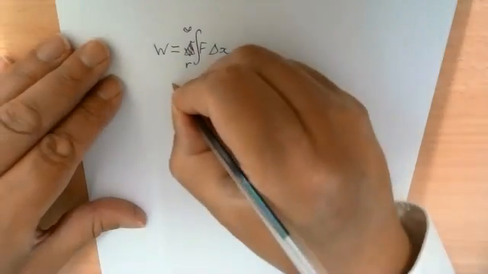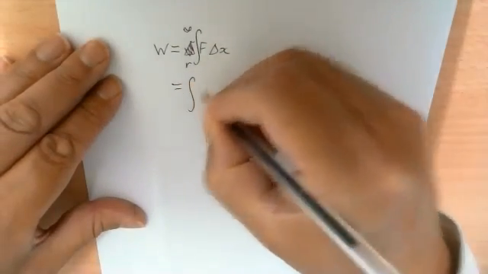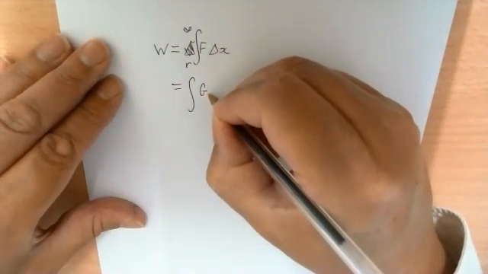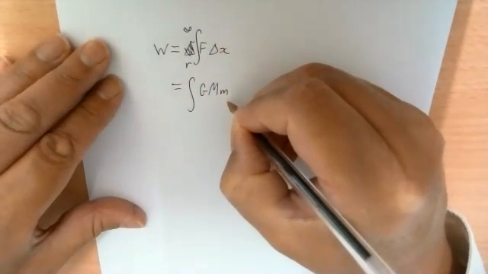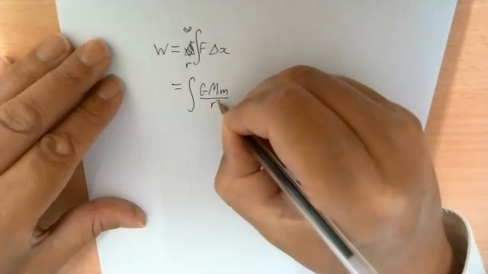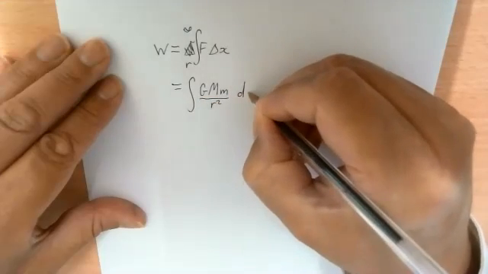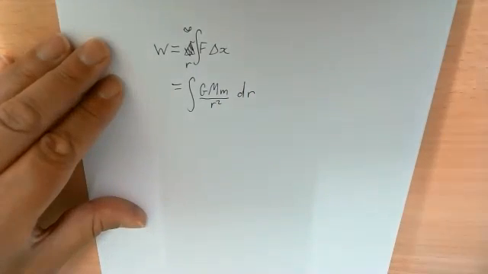Now we know the force is big G times the mass of the object times the mass of the planet over r squared. And this would be dr, wouldn't it? Because r is just a distance.